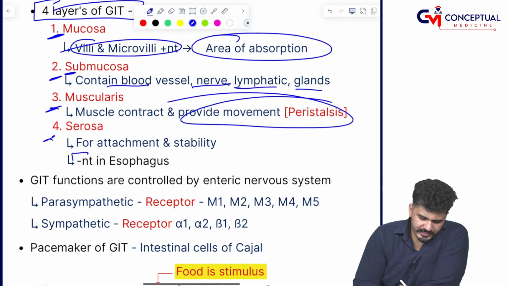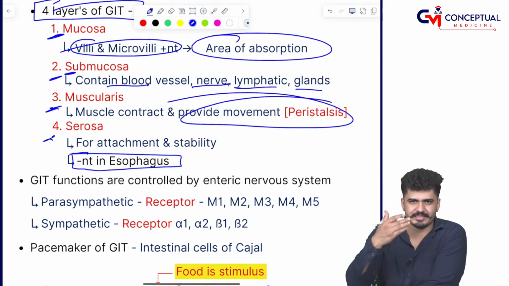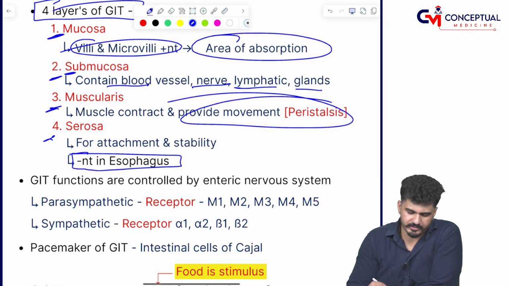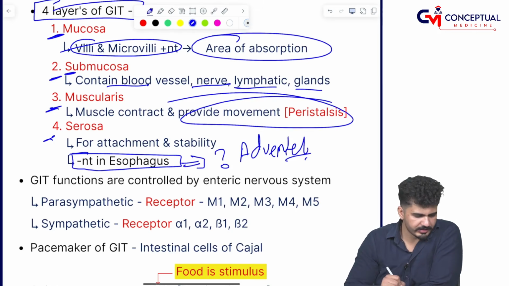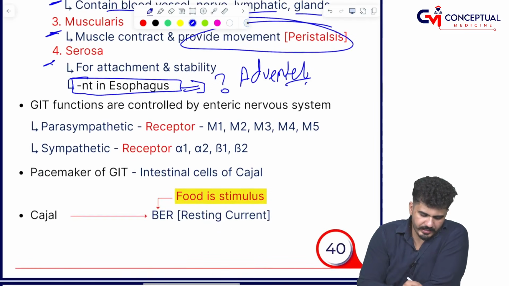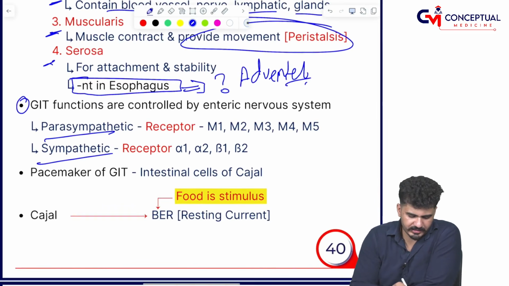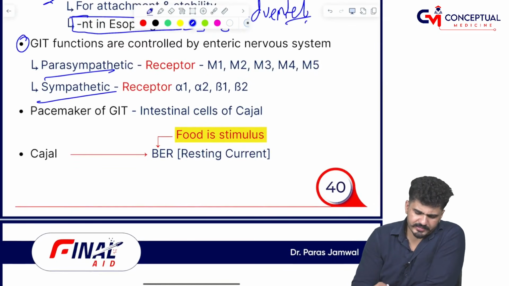Now this serosa is absent in the esophagus. The rest of the peritoneal organs have it, but it is absent in the esophagus. So which is the 4th layer present in the esophagus? Your answer is adventitia. Done.